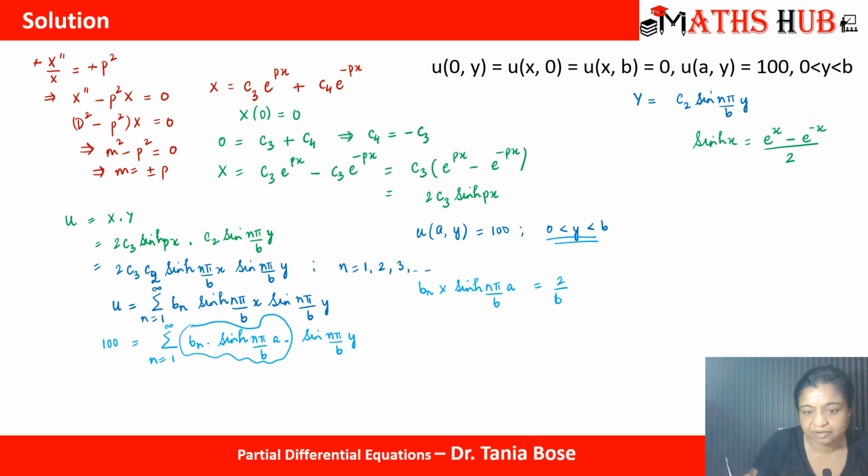On this limit we are integrating it, 0 to b, the value of the function is 100 multiplied by sine n pi by b y dy.